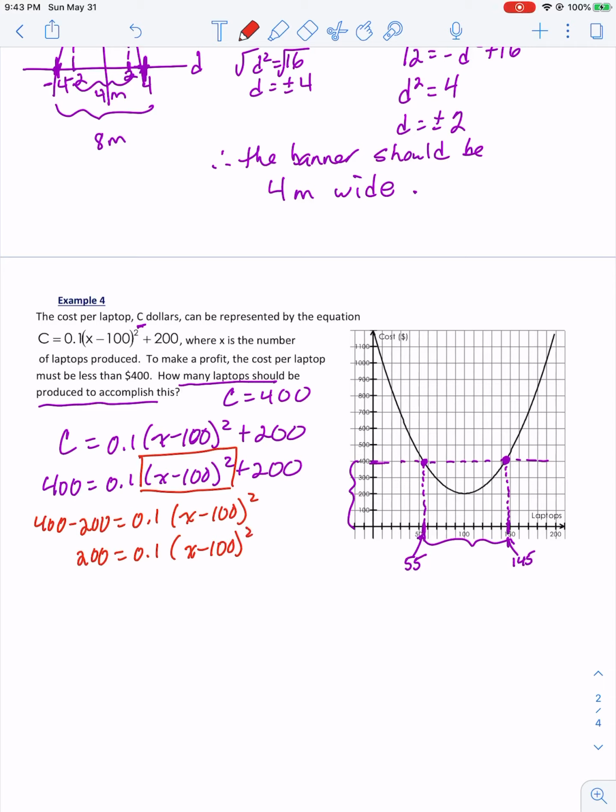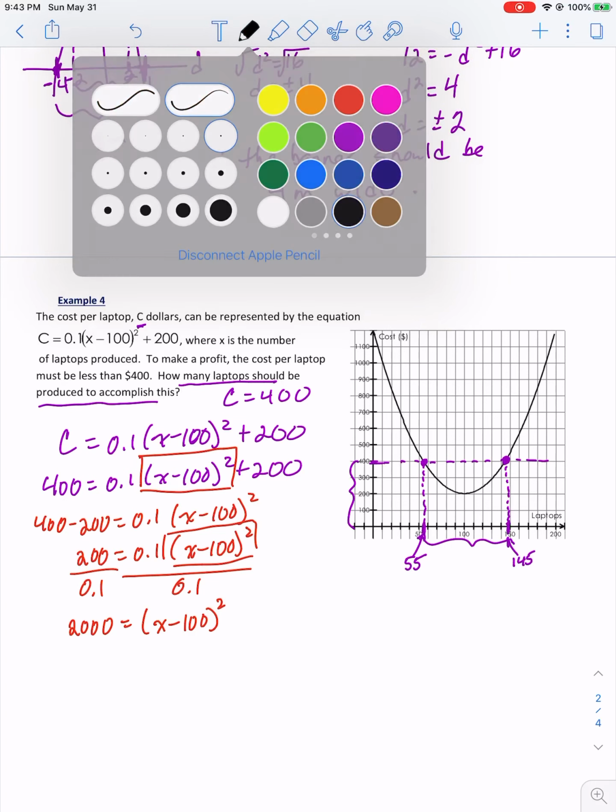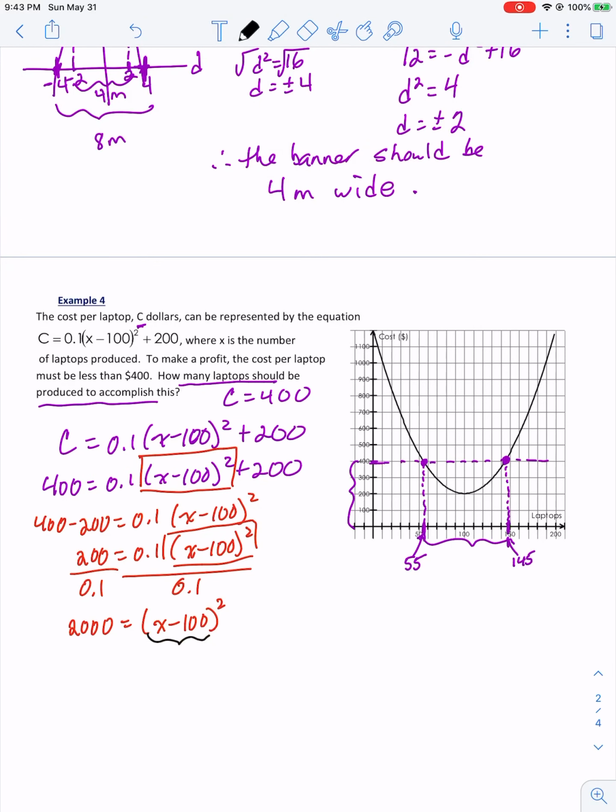Okay, we're still trying to isolate this, which means we've got to divide both sides by 0.1. So that's 2,000 equals x minus 100 squared. Now we need to isolate the stuff that's inside the bracket, which means you need to get rid of the squaring.